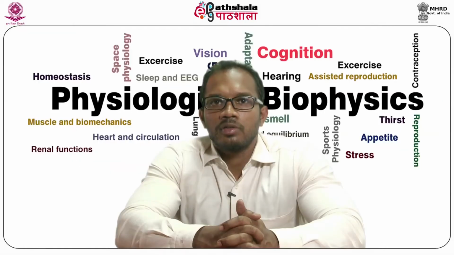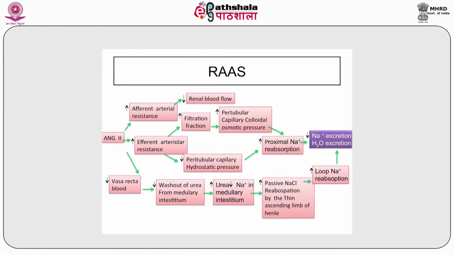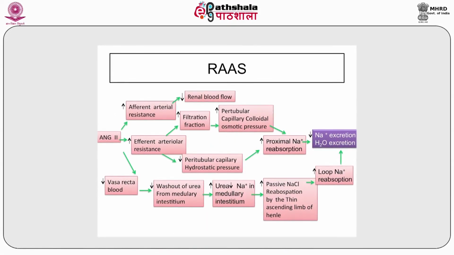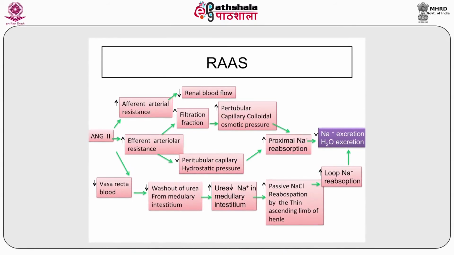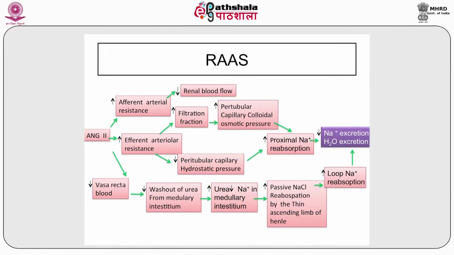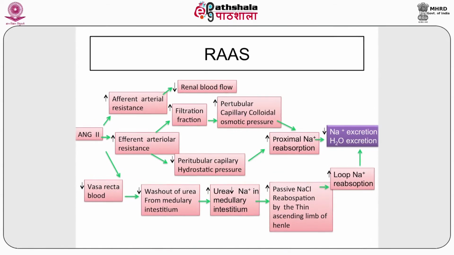The RAS, the renal angiotensin aldosterone system: a fall in effective circulatory volume leads to release of renin from the juxtaglomerular apparatus, which converts angiotensinogen to angiotensin 1, and this angiotensin 1 is converted to angiotensin 2 by angiotensin converting enzyme in the lung. Angiotensin 2 is one of the most potent vasoconstrictors in the human body.